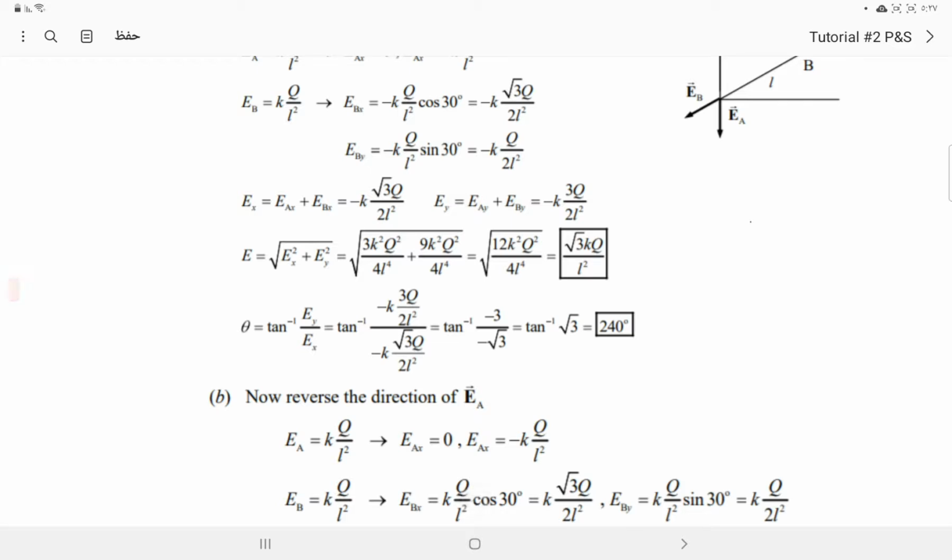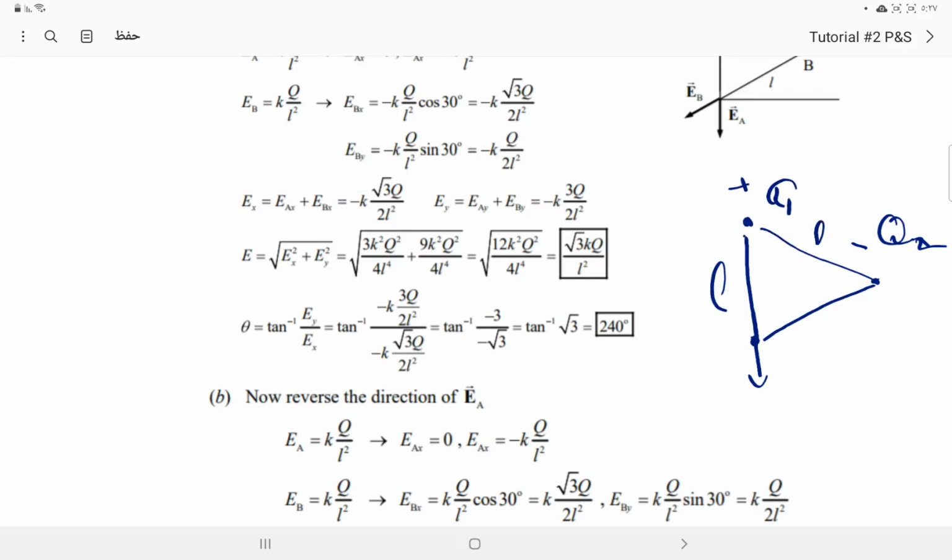So we have Q1, and then we have Q2, and we have here the origin point. So if this is negative now and this is positive, we know positive with positive, it will go a little bit to that direction. This is actually the distance. Don't forget the distances. So this is L, L, L.